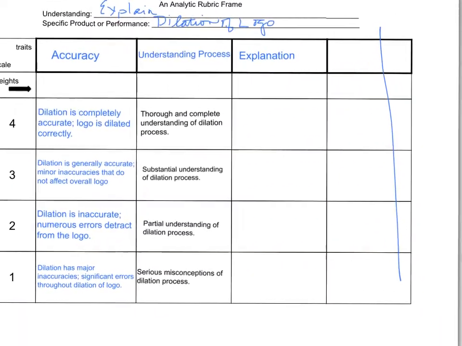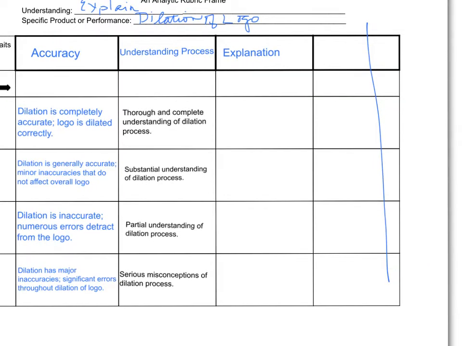Okay, move this over here a little bit. So the first one says exceptionally clear. When I'm thinking about the logo dilation, them explaining it, so I'm going to say that the logo dilation proof is exceptionally clear. They're able to make those connections.